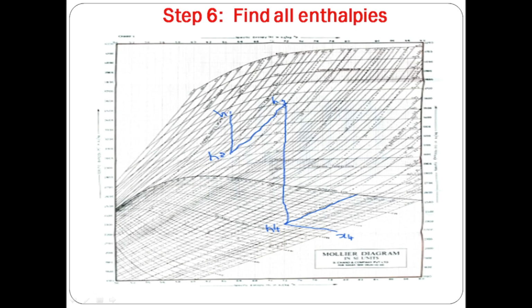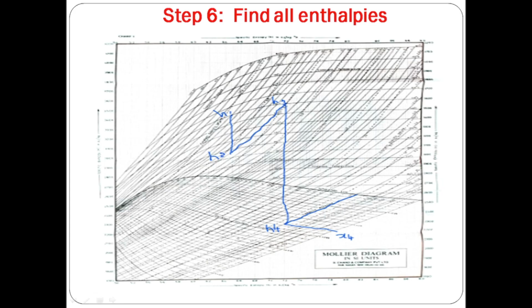And again at constant pressure, heat is added at constant pressure. It joins with 550 degrees centigrade according to the given condition. At point 3, we can get the enthalpy values from the chart.